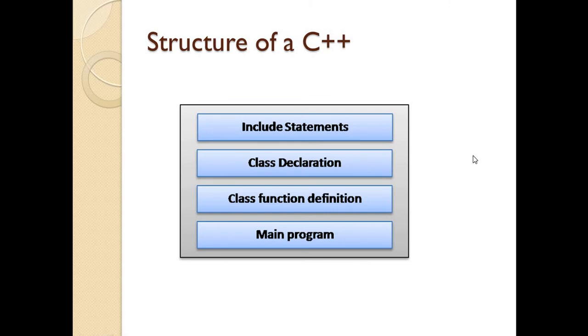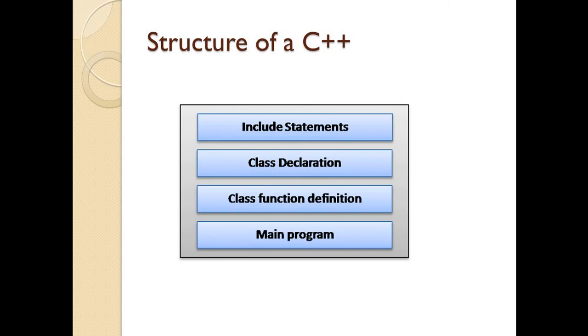Okay, then we need to see the structure of a C++ program. You would have studied the structure of a C program. It has a certain structure like a documentation section, link section, main program, variable declaration part and sub-functions, etc. Similar to that, C++ follows a certain structure.